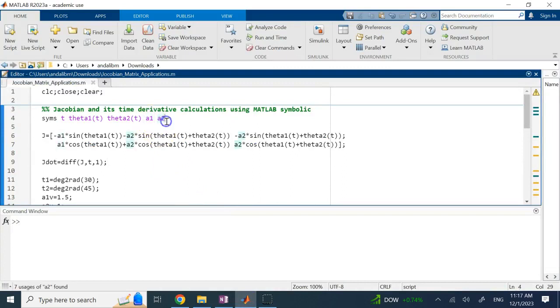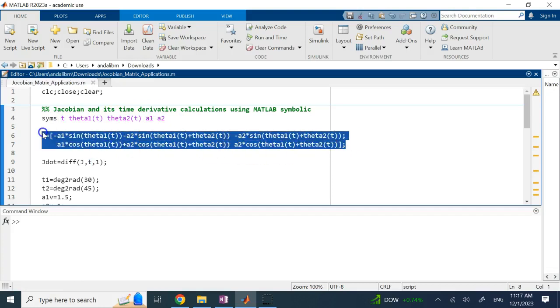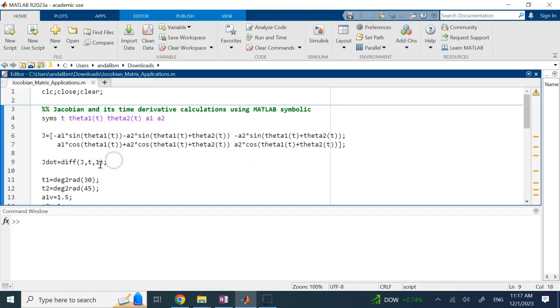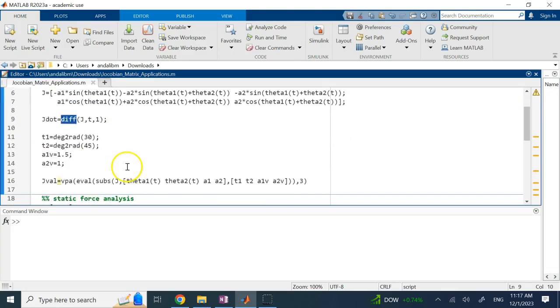Here I'm using MATLAB symbolic, and I'll tell you why. I define time, theta 1 of t and theta 2 of t, A1 and A2, and I define the Jacobian just like I showed you. The reason I do it is because later I need to take a time derivative of the Jacobian as well using the diff command. So that's what I do.